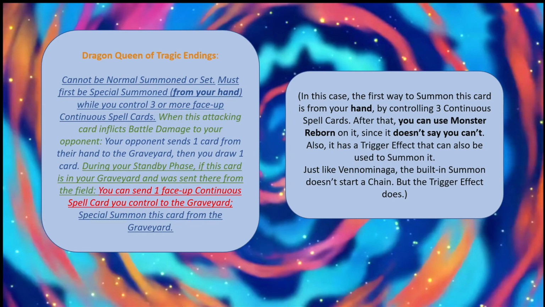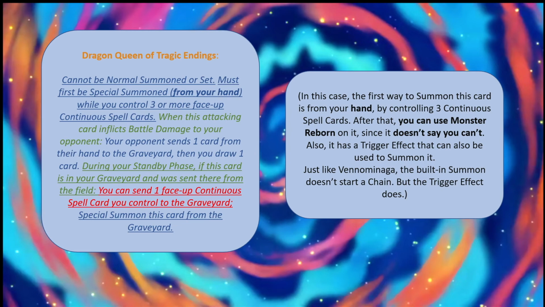And remember, Monster Reborn you can use on those monsters that were successfully summoned. So if you were trying to summon out your monster and your opponent negated it and the monster went to the graveyard, you cannot get it out with Monster Reborn. You have to have a successful summon. Also, it has a trigger effect that can also summon it, so there's another way to get this card out, and it has a built-in summon so it doesn't start a chain, but the trigger effect does.